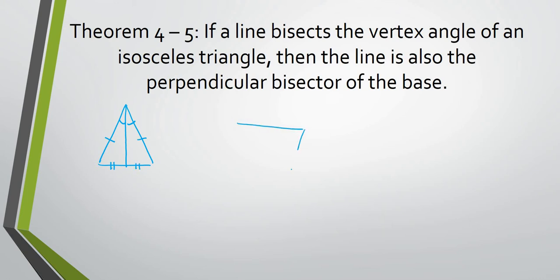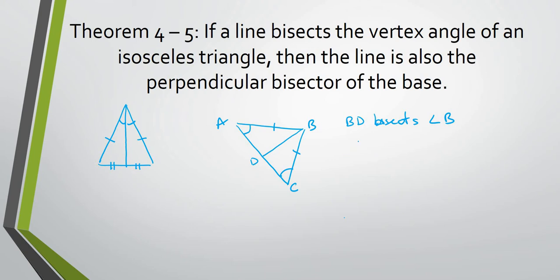So if I have a diagram something like this, and we'll call this ABC again, and I'm given that these two sides are congruent, I now know it's an isosceles triangle, and I can say that A is congruent to C. And then I say that BD is a perpendicular, is an angle bisector. BD bisects angle B. So I'm going to put that here.